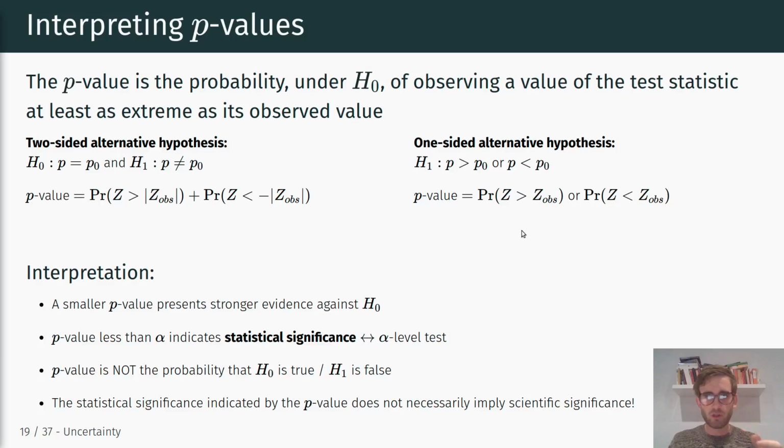So we should not make the mistake of interpreting a rejected null hypothesis as necessarily a substantively interesting and important result. We have to look at the full picture. We have to look at effect sizes and so on, and also take into account sample sizes.